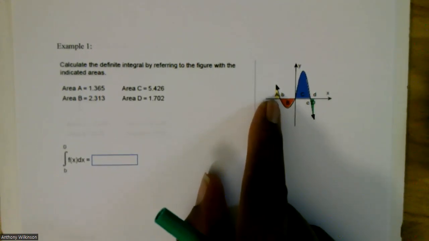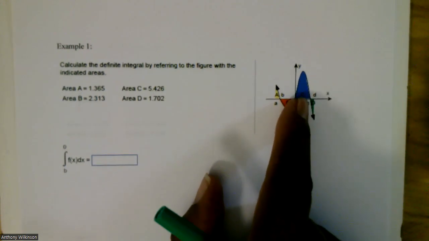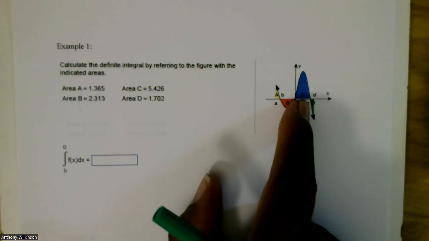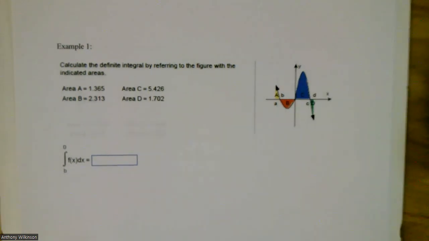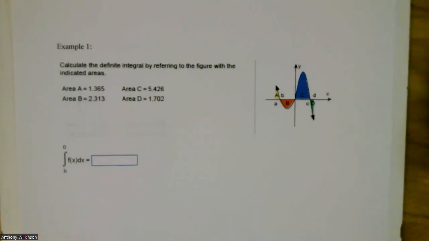That's 1.365. Area B, that's this area in red. That's going to be 2.313. This is area C, in blue. That area is 5.426. And this green area down here below the x-axis, that's area D, 1.702.